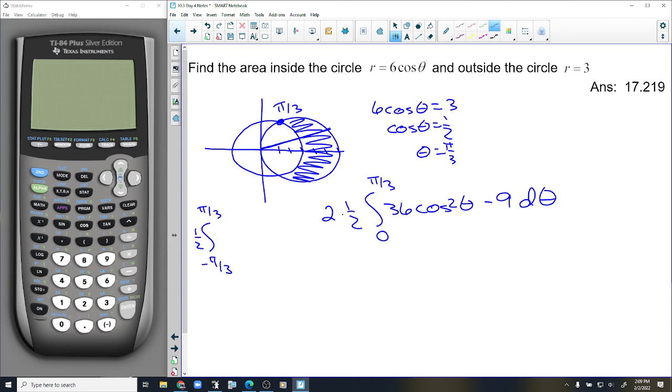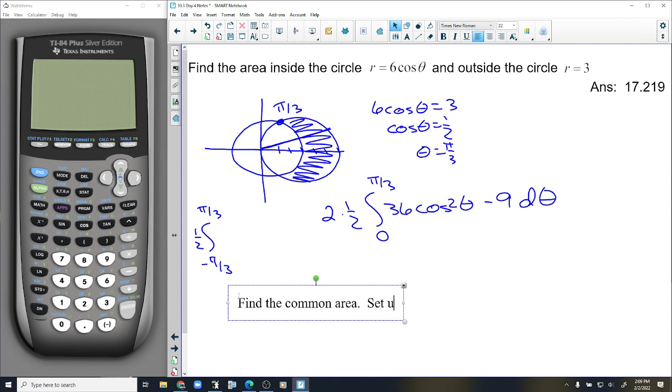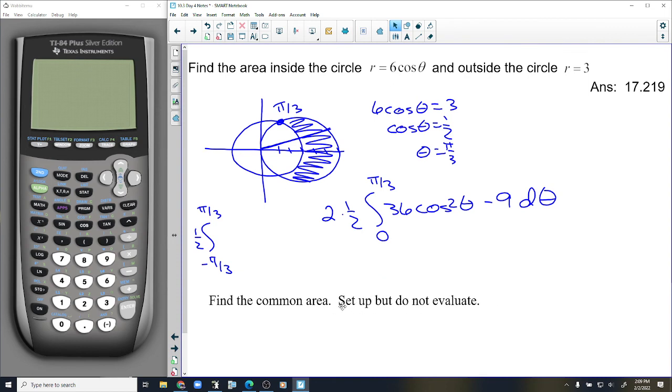What if I said one more, and then we'll be done, because we got a little bit of time here. So hang in there. Find the common area. Set up, but do not evaluate. I assume you can plug this into your calculator. What if we did this one? You can help each other out if you want.